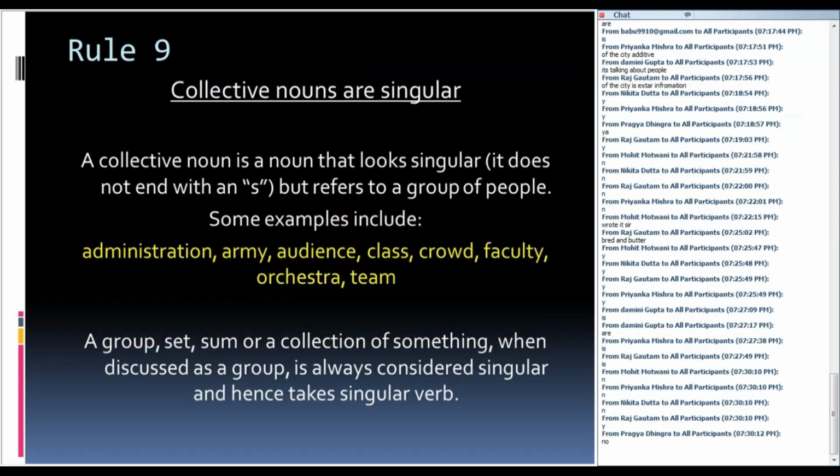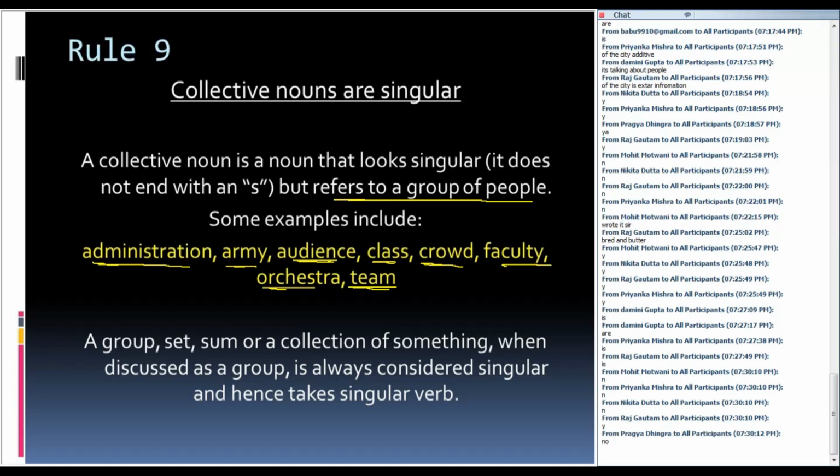Collective nouns are singular. Most of the times they are singular. Collective nouns refer to a group of people. Examples are words like administration, army, audience, class, crowd, faculty, orchestra, team. We say the team is playing well.